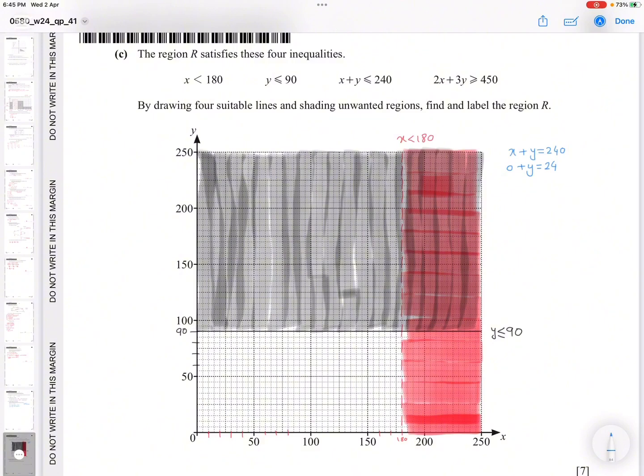My y is 240. So where is my point? x 0 and y 240. Here is my x 0 and y 240.